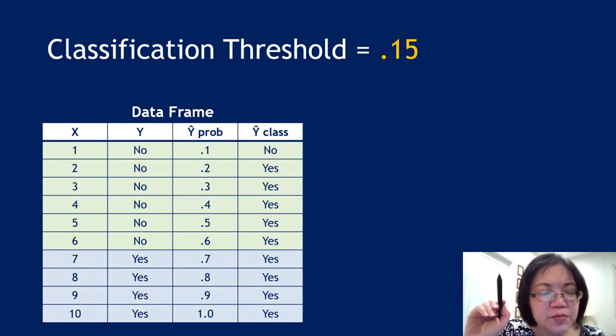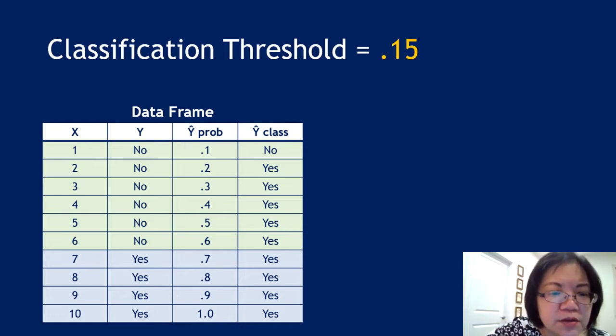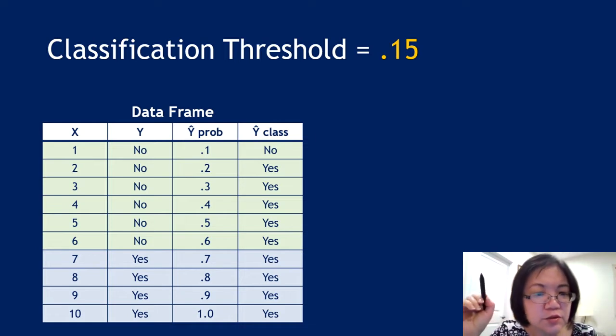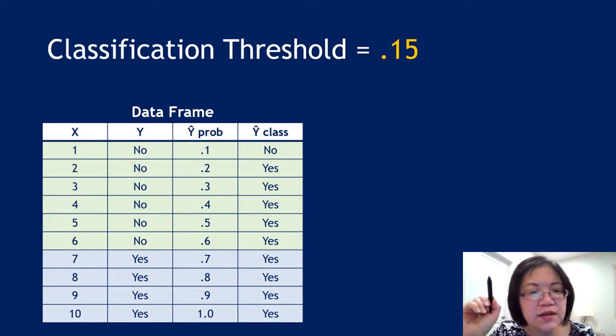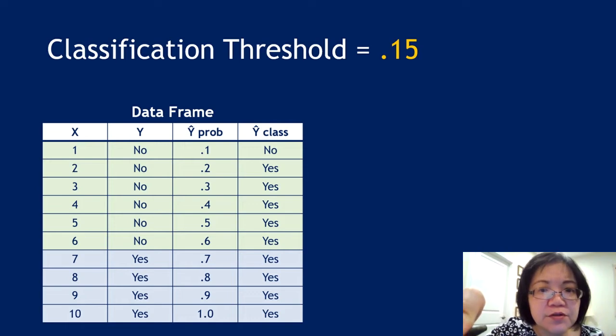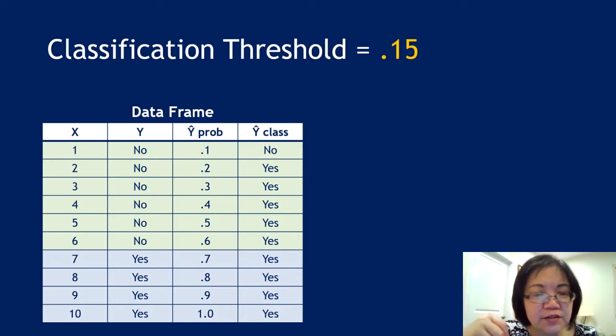And then using these probabilities, we can convert them into class decisions, yeses or nos. That conversion will depend on the threshold that you pick. Okay, so usually in this course, we've seen a lot of using 0.5 as the threshold. However, you can actually use a range of possible values.